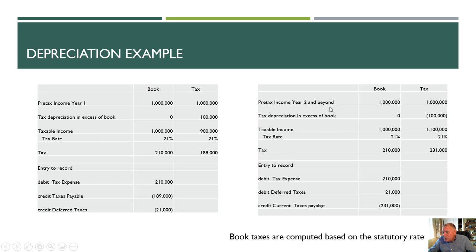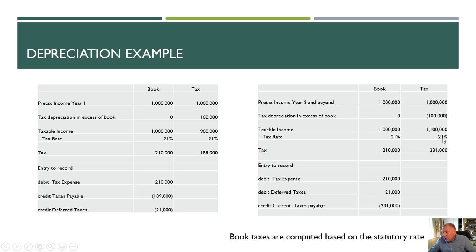So now let's look at year two and beyond. Say we still have that $1 million of income, but this time we have an additional 100,000 of tax depreciation in excess of book. So we're recognizing it for tax purposes, but not for book purposes.